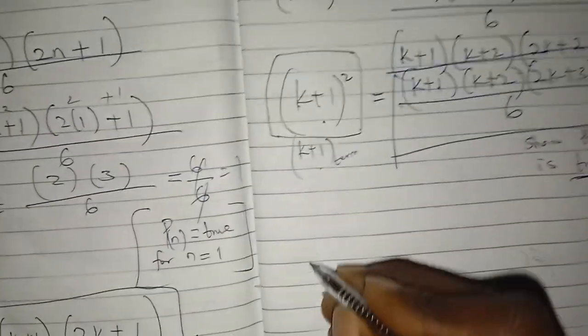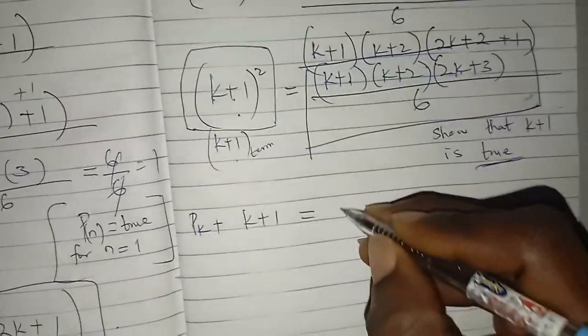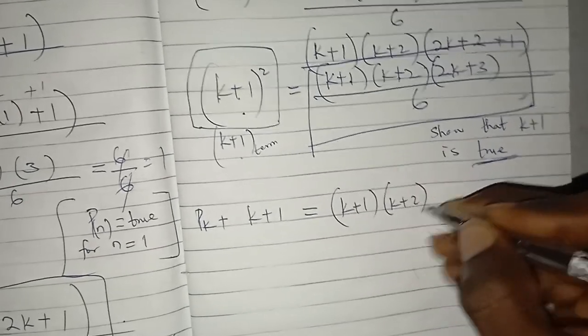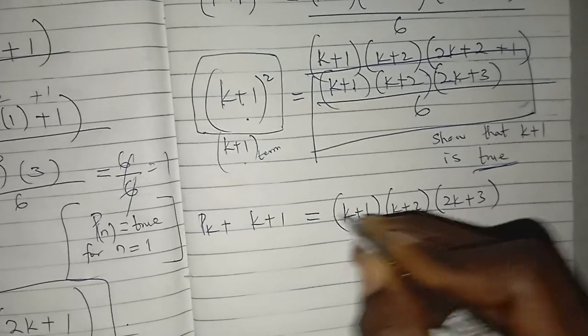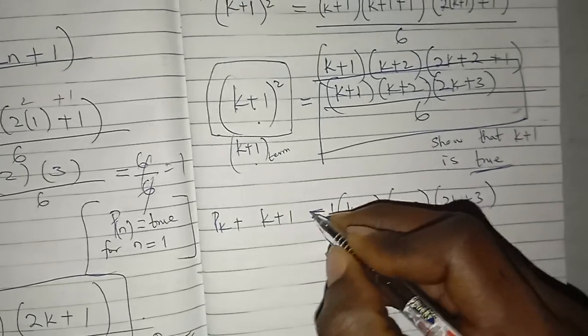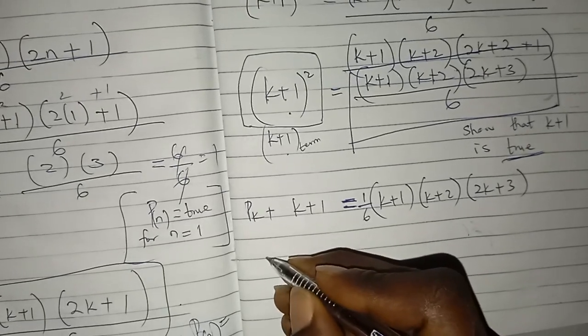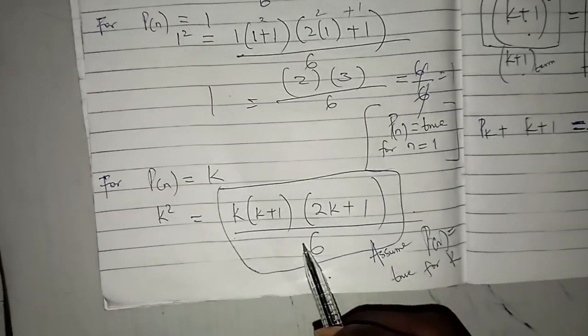So it simply means that I will now have down here P of k plus 1 equals k plus 1, k plus 2, 2k plus 3 times 1 over 6. I want to use it this way, 1 over 6. So P of k is simply this.